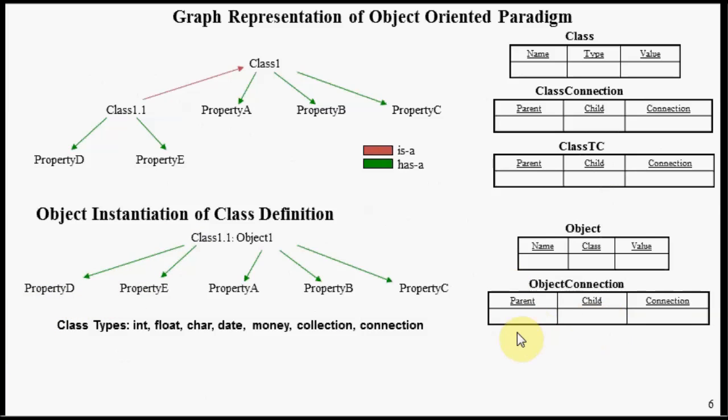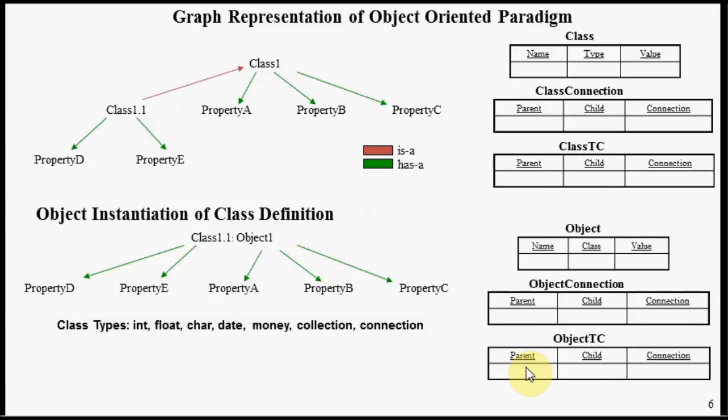So it's a parent-child pair, again with connection type. And we have a transitive closure table associated with our object graph. And assume here also that this transitive closure table is maintained automatically whenever nodes or connections are added or deleted in our object graph. So this whole paradigm I'm describing with these 6 relational database tables is something known as a soft schema.